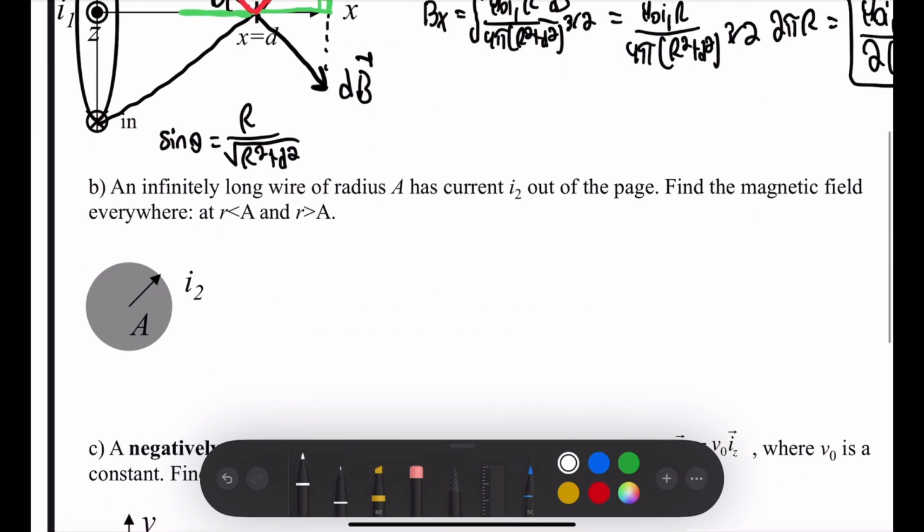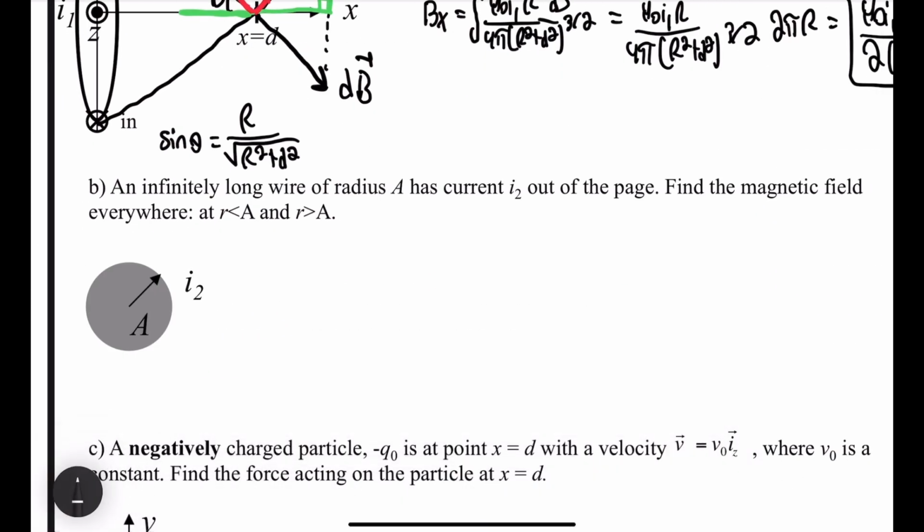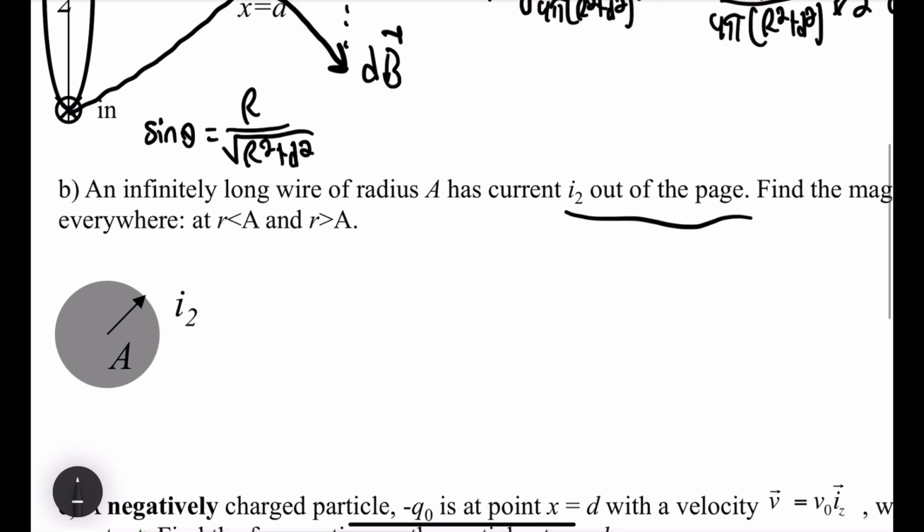Now the second part, we have an infinitely long wire, radius a, and current I2 out of the page. And we want to find the magnetic field everywhere. So we'll use Ampere's law again.